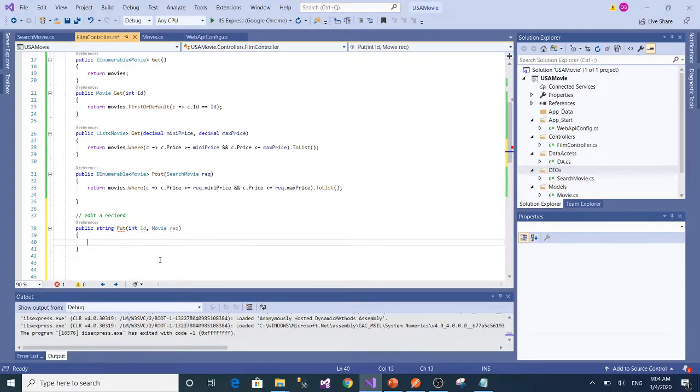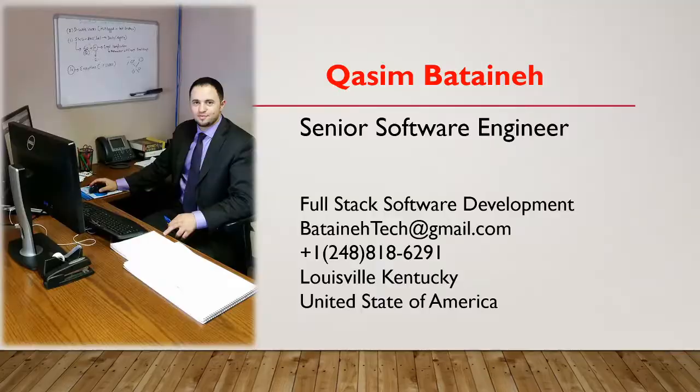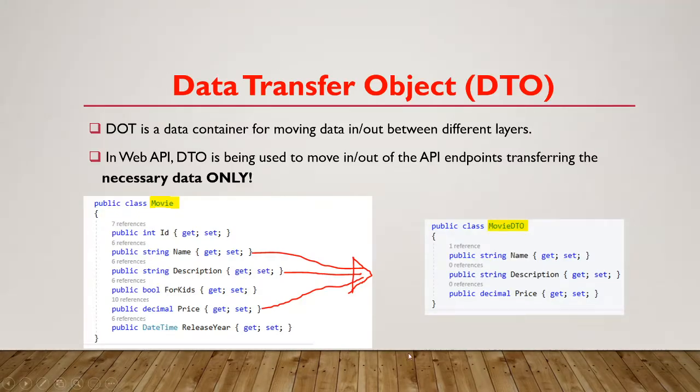Actually, why are we going to send the whole movie? Why do we need to send the entire object? Let's go back to the DTO. We see that in the DTO, the movie object has extra data that we are not going to edit, like the ID, whether it's for kids or adult, and the release year. They're not going to change.